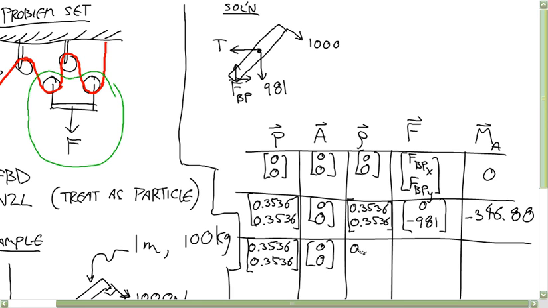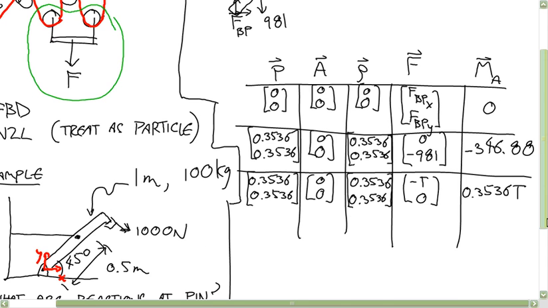So the rho vector is the same. The force vector is negative T, 0. So you get 0 minus negative 0.3536 T, so you get positive 0.3536 T for the moment.